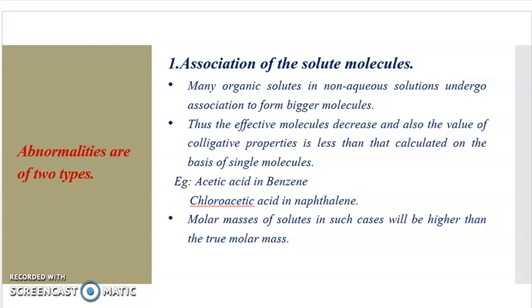So the number of solute particles in solution decreases, hence the colligative property decreases. The molar mass of the solute increases; it will be higher than the true molar mass. This is the first reason for abnormalities.